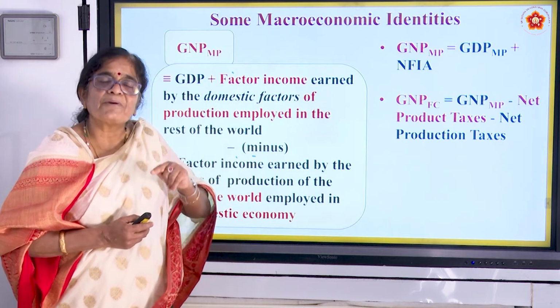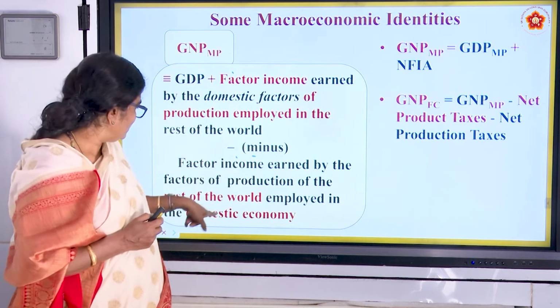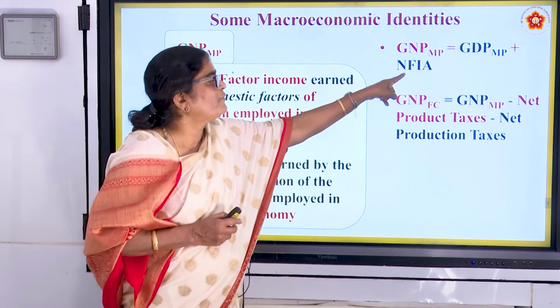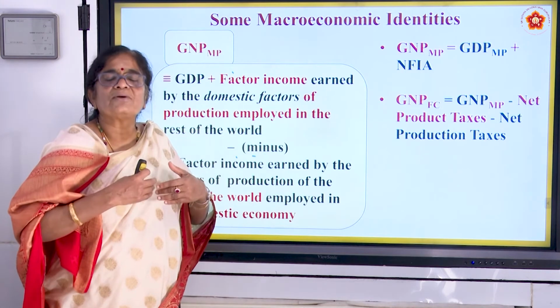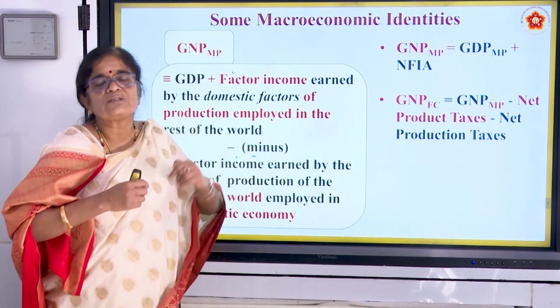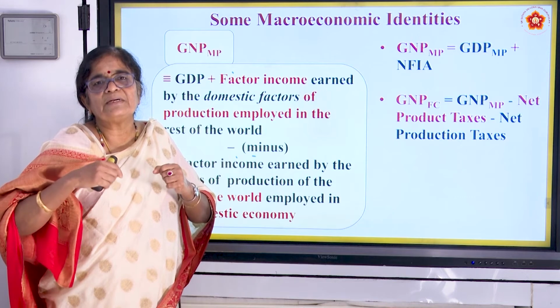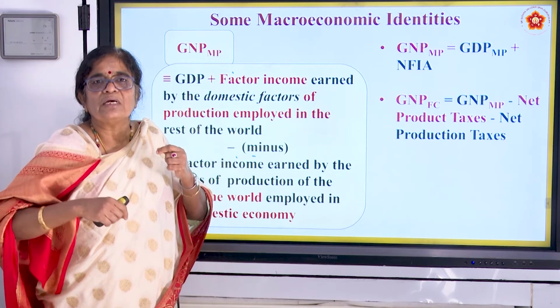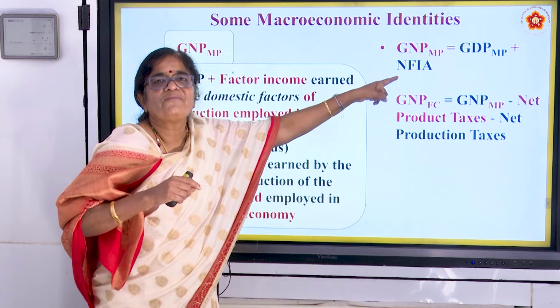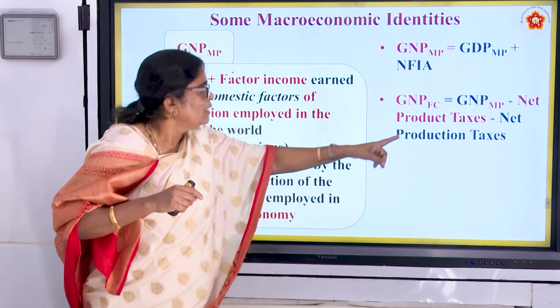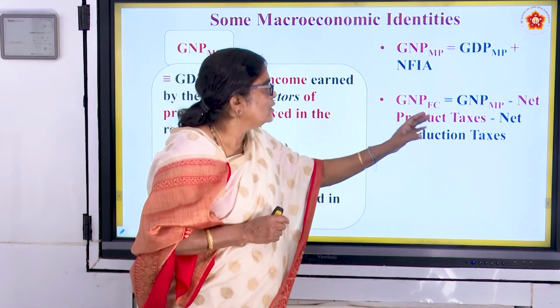It will be deducted from the GDP of India. That is what is given as net factor income. Therefore, when you deduct the factor income earned by the rest of the world's resources employed in the domestic economy from the factor income earned by domestic resources employed in the rest of the world, you will get NFIA, net factor income from abroad.